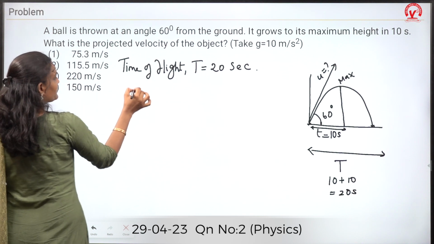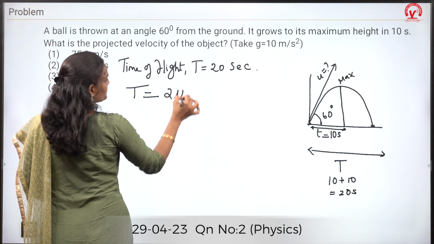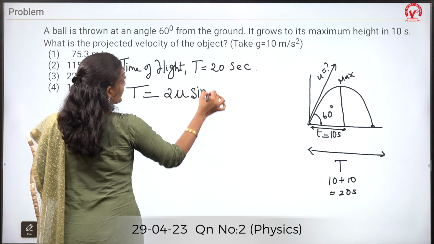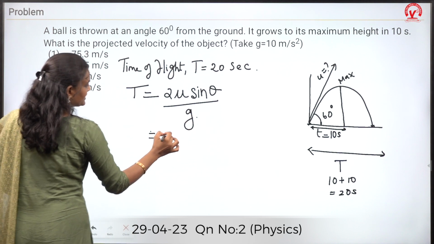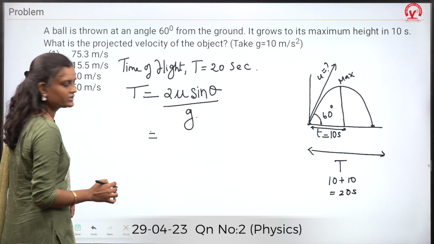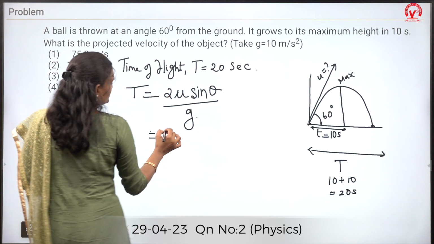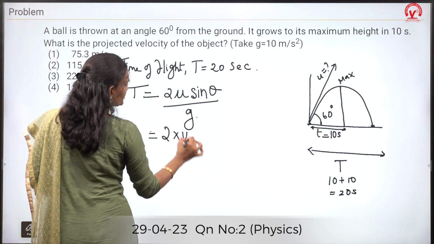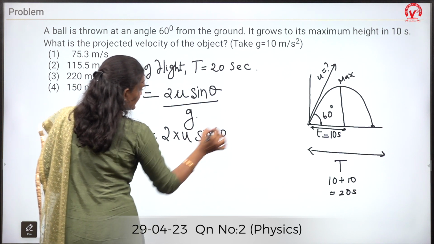Now we know the formula for the time of flight. T is equal to 2 u sin theta divided by g. Here our aim is to calculate the initial velocity u. So 2 into u sin 60 degree.